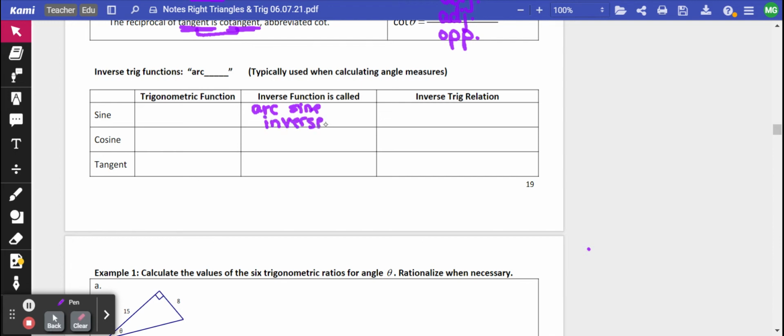Remember that an inverse undoes a function, right? It reverses it. So taking the inverse sine of something that already has a sine will undo it, and we'll get there in a little bit. So for cosine, we would say arc cosine, or of course, inverse cosine.